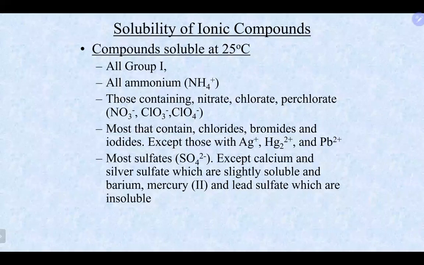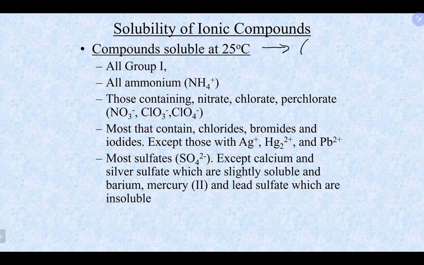The first rules we're looking at are things that are typically soluble in water, which means these are typically things that will get the aqueous symbol. So the first rule is a pretty good one: anybody from group 1 on the periodic table is always going to be soluble.